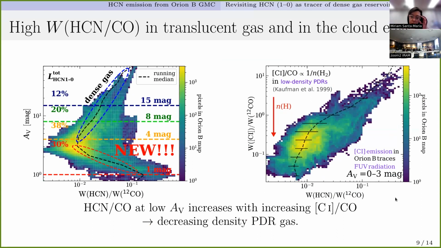If we also compare this part of the histogram with the atomic carbon versus CO emission ratio, this ratio is, according to low density PDR models, inversely proportional to the molecular gas density.